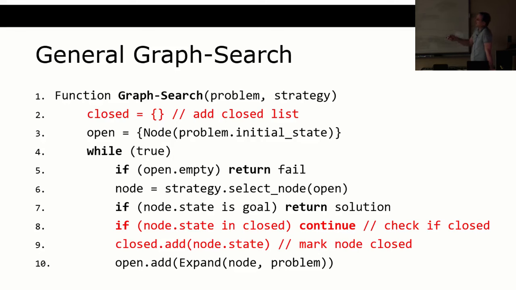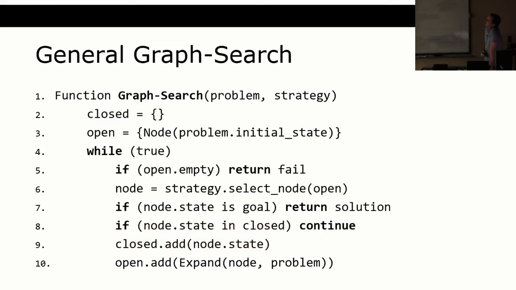That means don't expand the children of any node whose state is already in the closed list. And if it's not yet in the closed list, right before we expand it, add it to the closed list. That's it. We're just checking what we have done so far, and not doing it again.